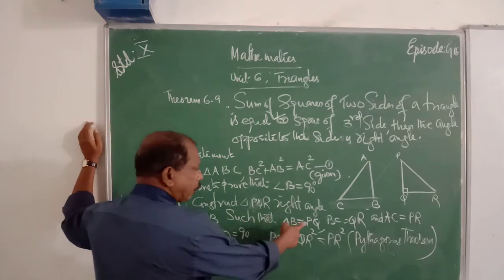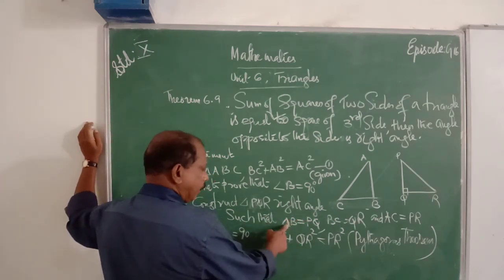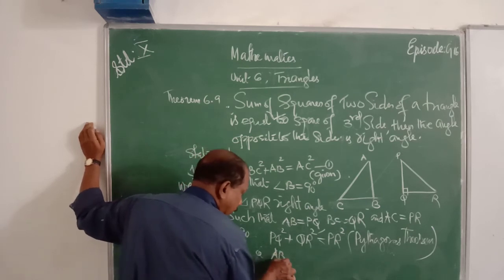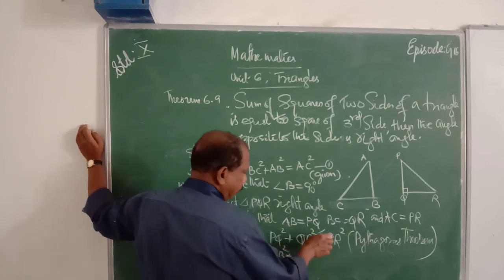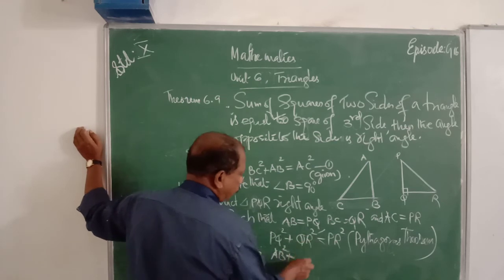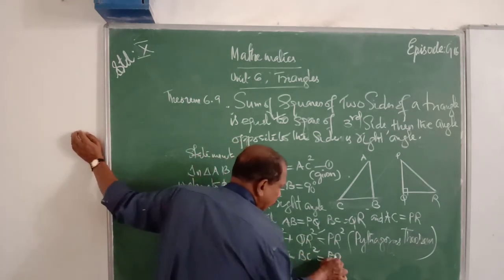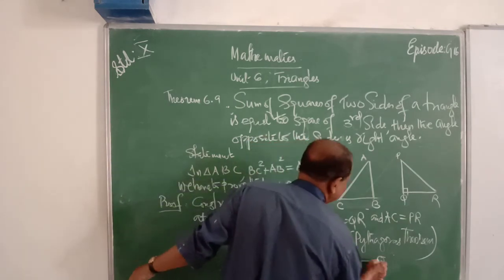Then what is PQ? AB. Therefore, PQ square is AB square, and QR is BC. Replacing, AB square plus BC square is equal to PR square. That is equation number 2.